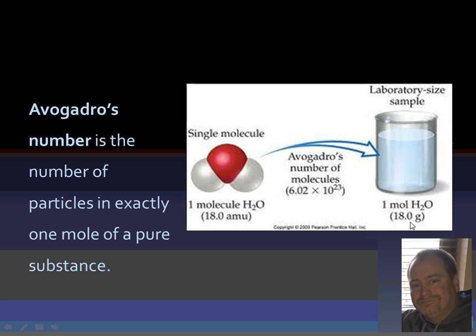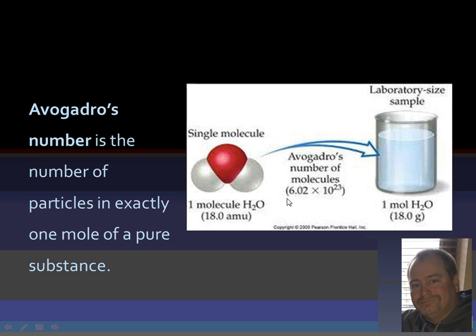Now, how many particles, in this case molecules, are in 1 mole of water? Here's a key point. What's that number right there? What do we name it? Avogadro's number. So, in 1 mole of water, we have Avogadro's number of molecules of water, which is 6.022 times 10 to the 23rd.